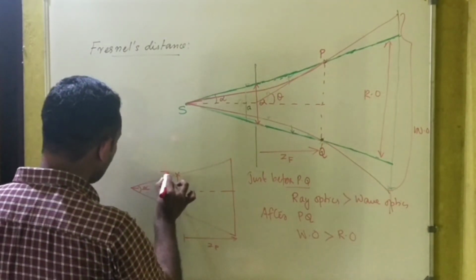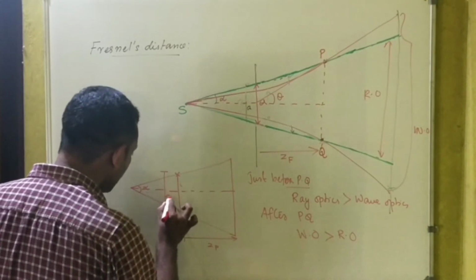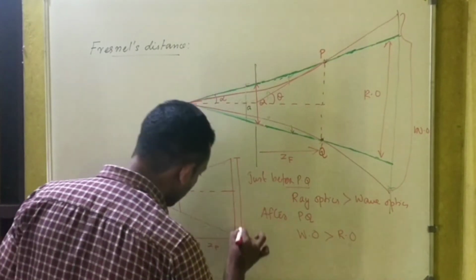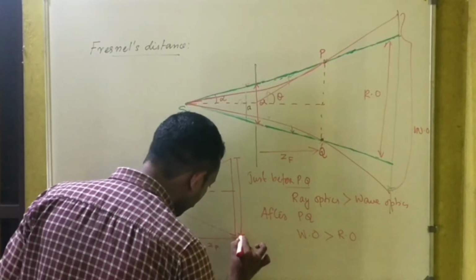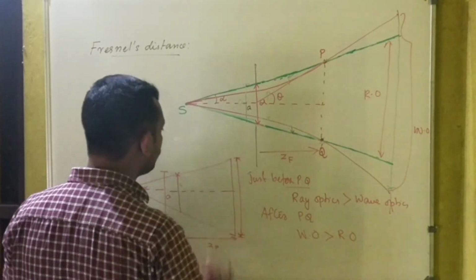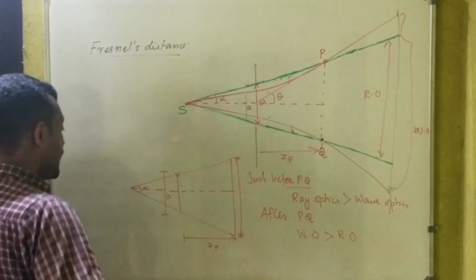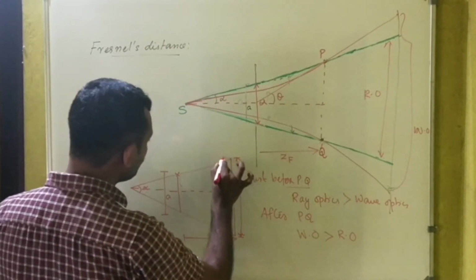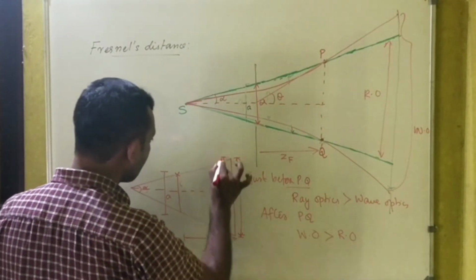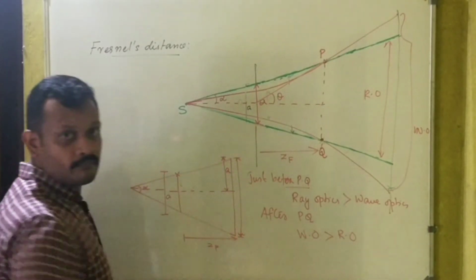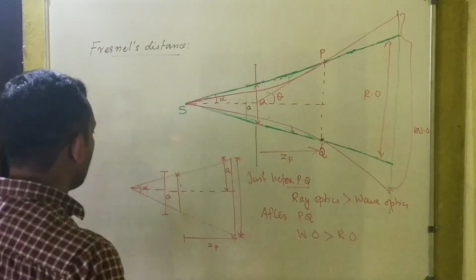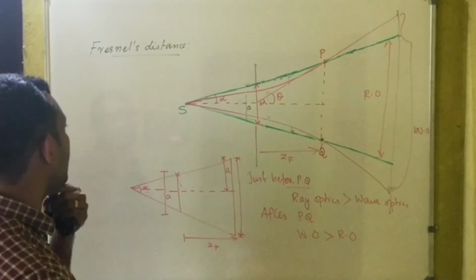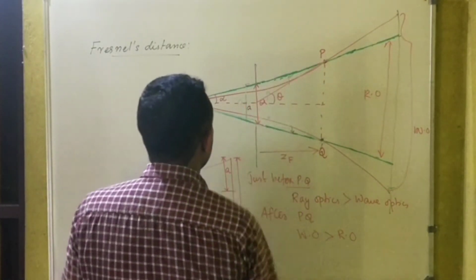So if this total is equal to A, what will be the length of this side, by similarity of triangles? That is going to be 2A, which means this much is equal to A, that much is equal to A.